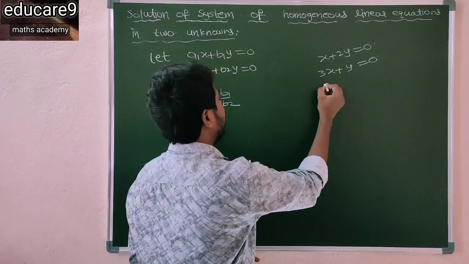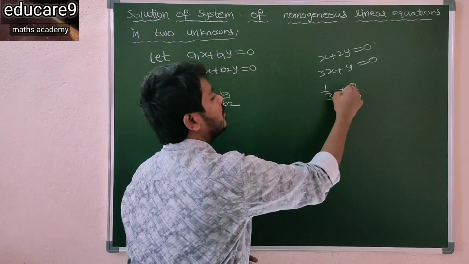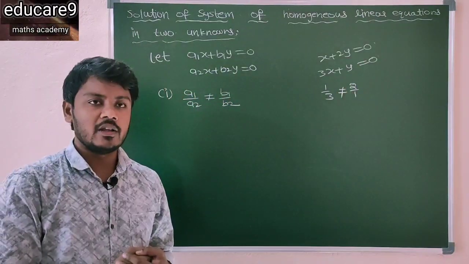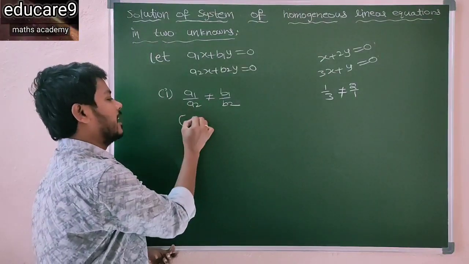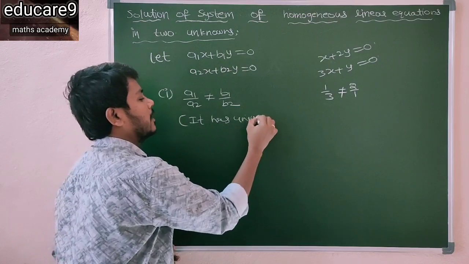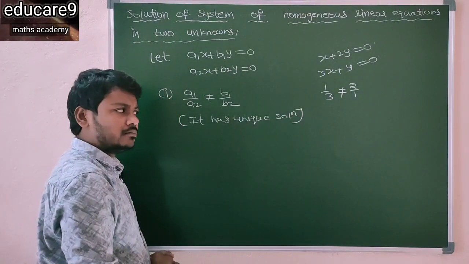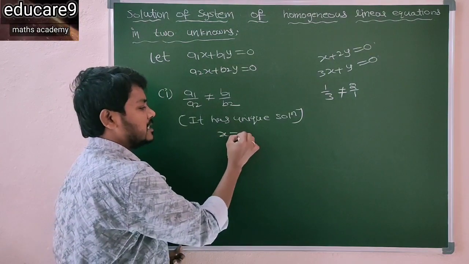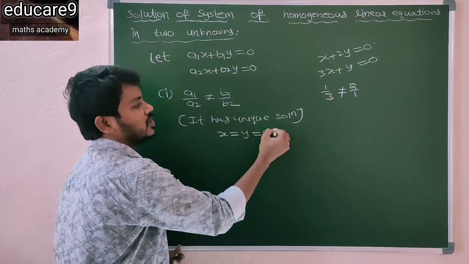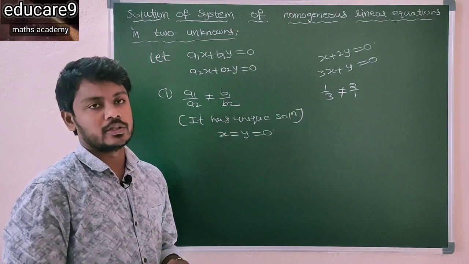What is a1 by a2? That is 1 by 3. b1 by b2 is 2 by 1. Clearly both are not equal. In that case it has a unique solution. What is that solution? Clearly x is equal to y is equal to 0. That is the unique solution.